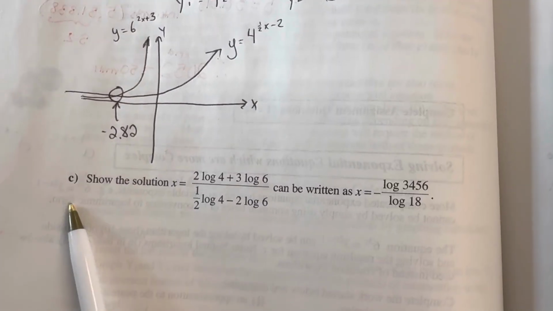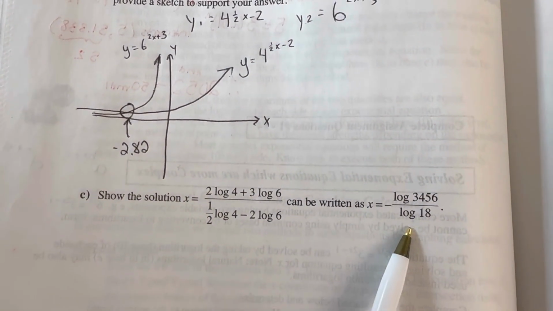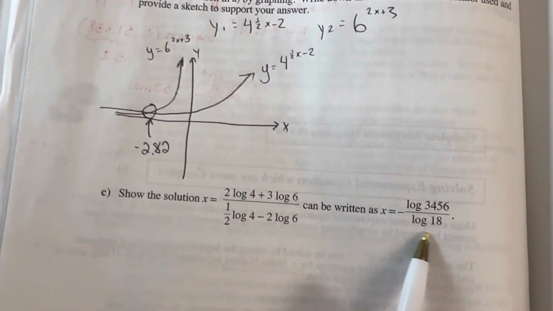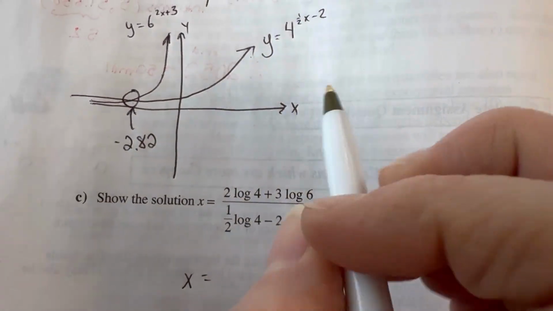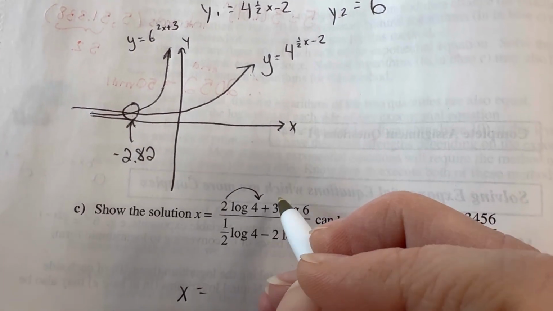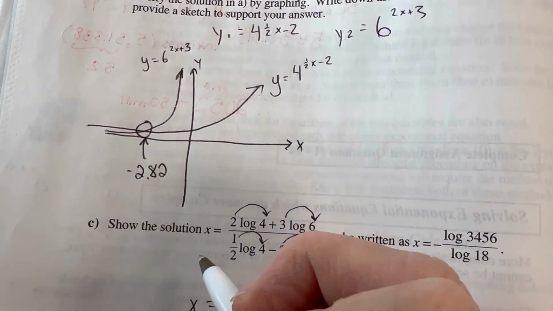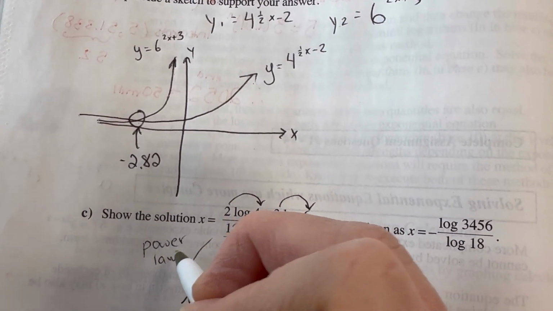All right, so now we've got part C, show the solution. So this right here can be written like that. All we're doing is using our log laws to rearrange it. So starting off with the top, x is equal to, I would put this 2 up to the 4 and this 3 up to the 6. So I would use my power laws and I would communicate that I was doing that there.